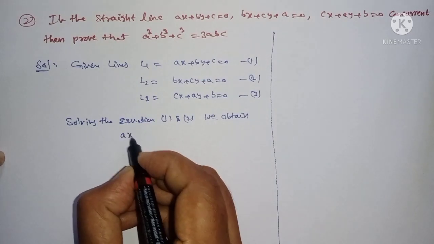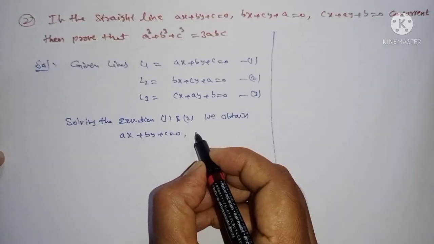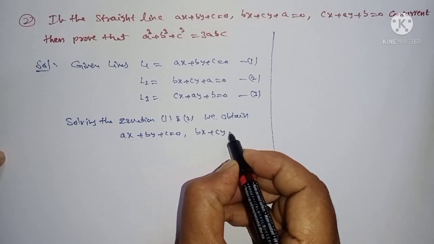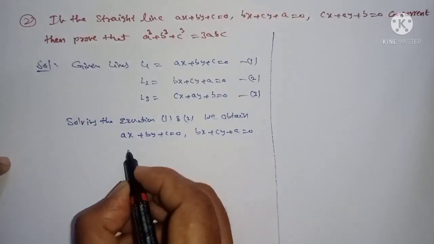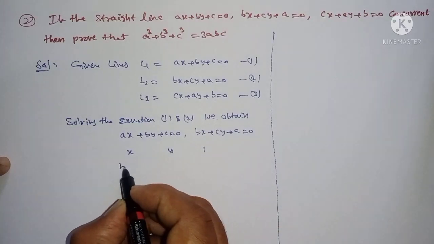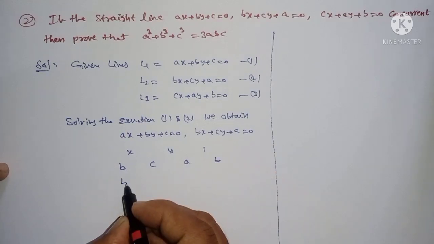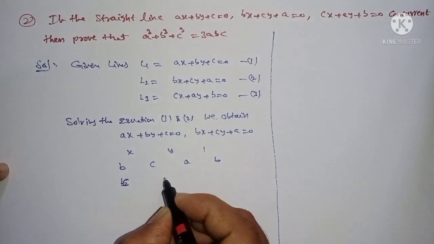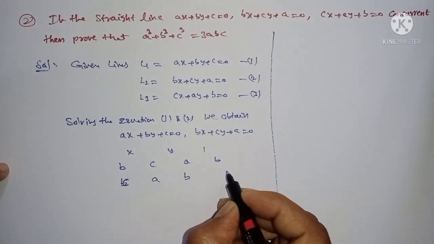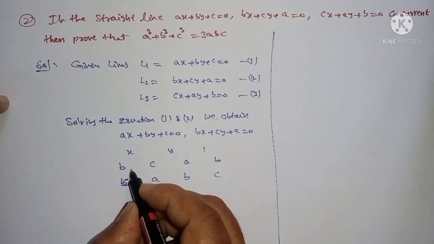Once again writing ax plus by plus c is equal to 0, bx plus cy plus a is equal to 0, with x, y, 1, and the coefficients b, c, a, b, c.